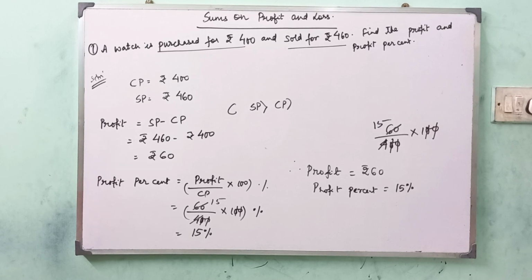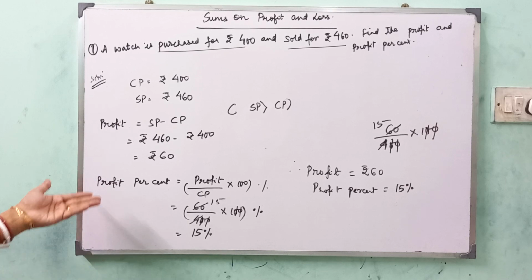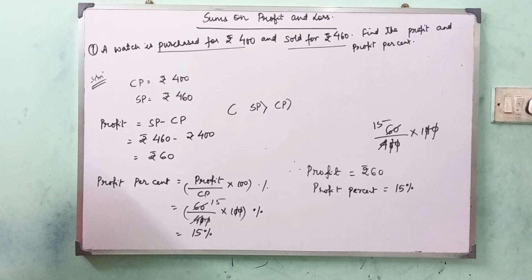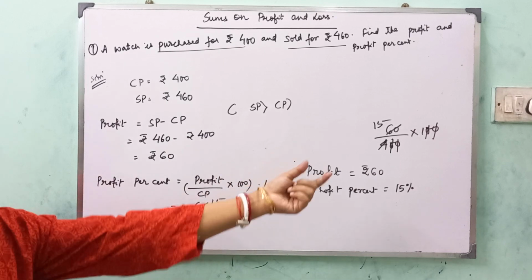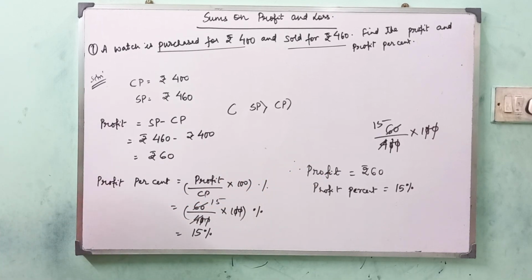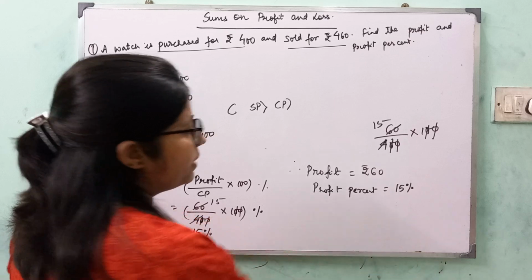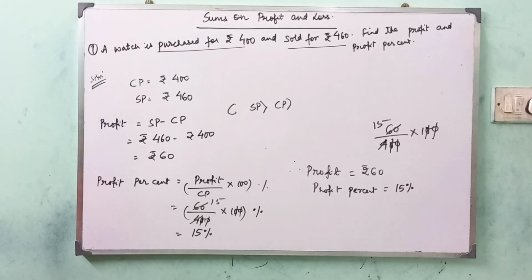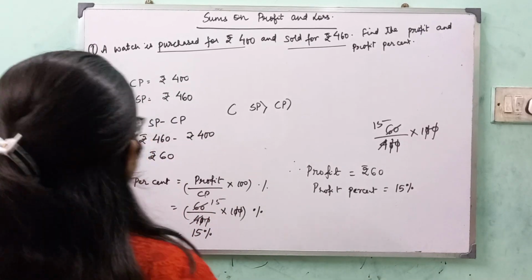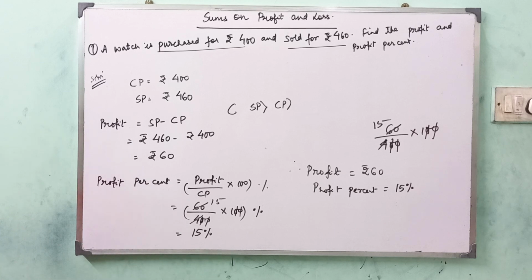So profit is 60, cost price is 400, into 100. Once we simplify, we get 15%. So profit is rupees 60 and profit percent is 15%. So this was the first sum. Please take some time to take it down if you want to go through the sum.